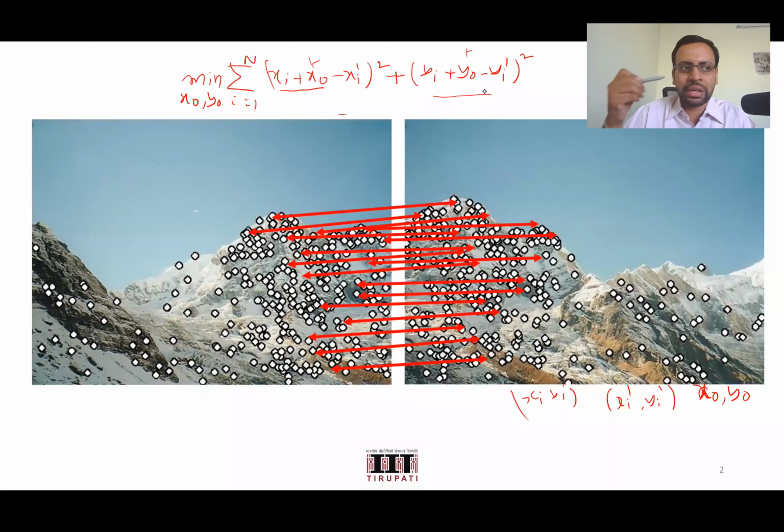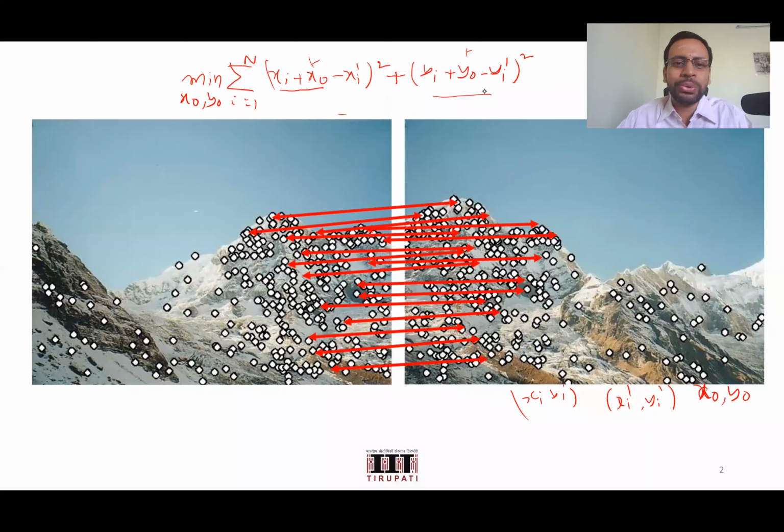The L2 norm of a vector is the square root of this difference square plus this difference square, and then I need to find x naught comma y naught. Is this equation intuitive and clear to everyone? This is very important. If we don't understand this, the matrix representation will be even more complicated.